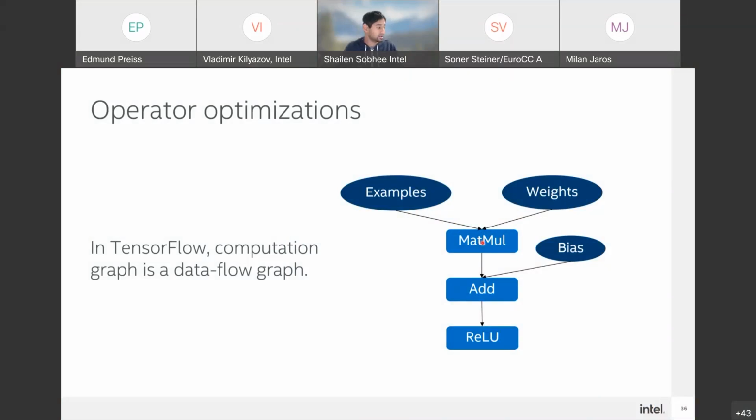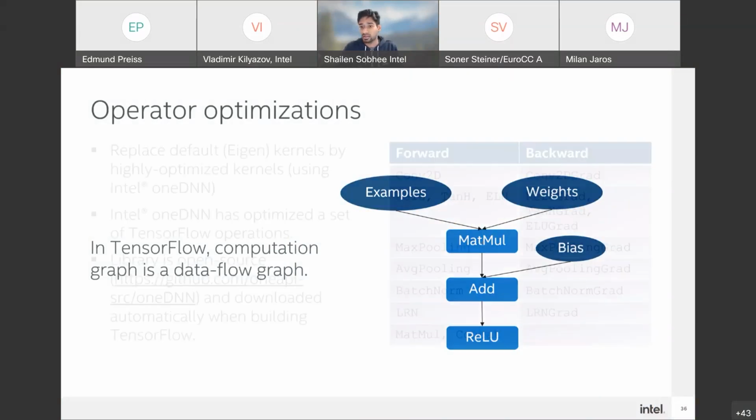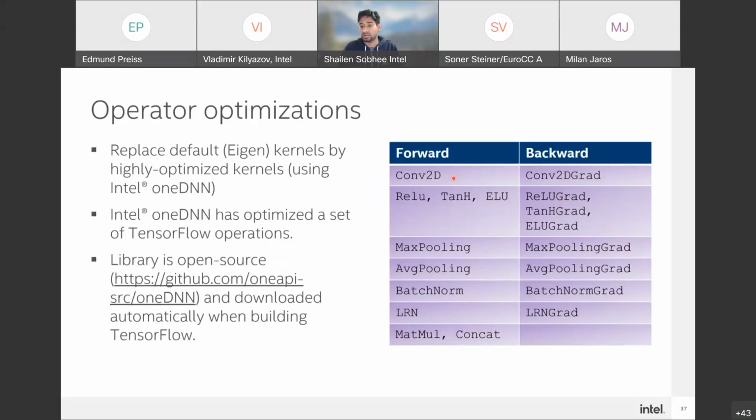That's an example. There are a bunch of these: convolution, pooling, batch norm, concatenation, and so on. So all of these, forward propagation and backward propagation, all these common primitives, are highly optimized in oneDNN. If you want more information, you can go directly to GitHub. You can even look at the code, the implementation of these, if you're curious.